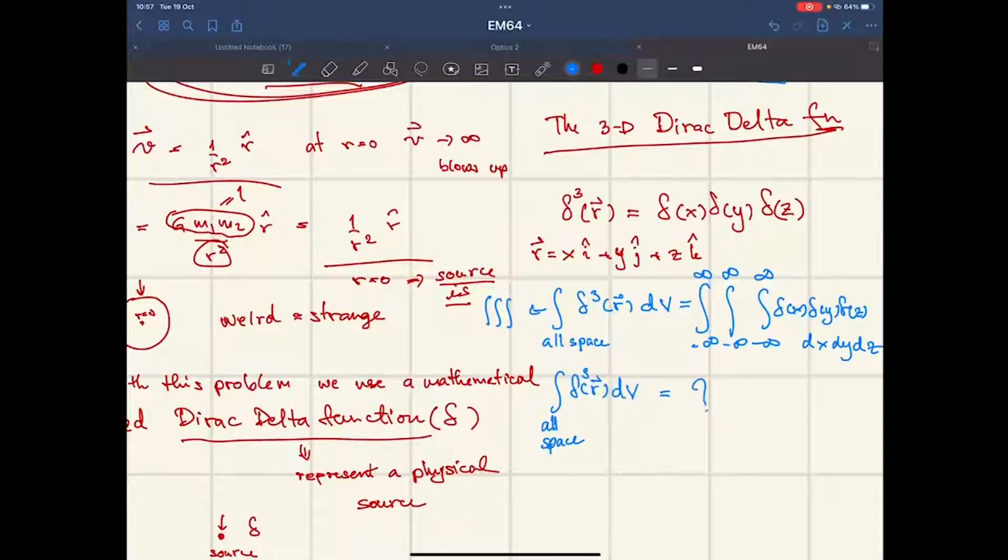I guess it's 1. Yes, it's 1, because there's no function here to worry about. So it's just 1.